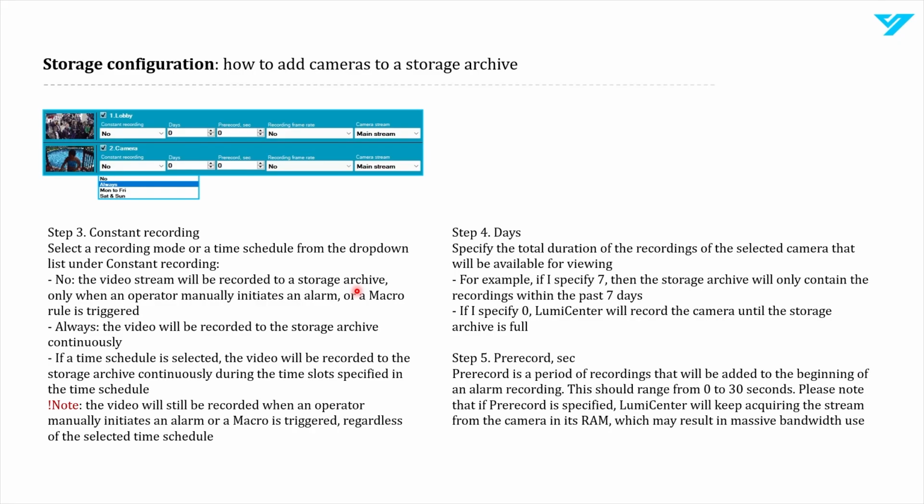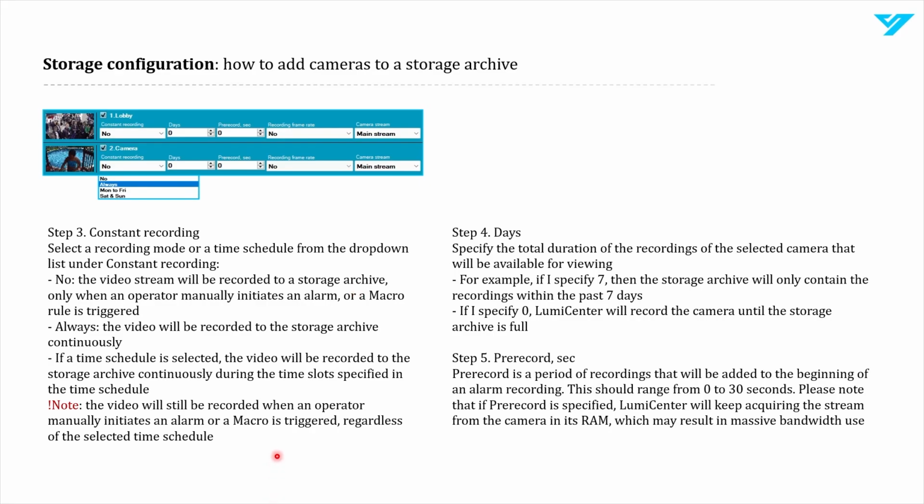Monday to Friday, and Saturday and Sunday, are 2 time schedules integrated in Lumicenter. By default, you can set other time schedules later. But for example, if you choose Monday to Friday, then the videos will only be recorded to the archive from Monday to Friday.